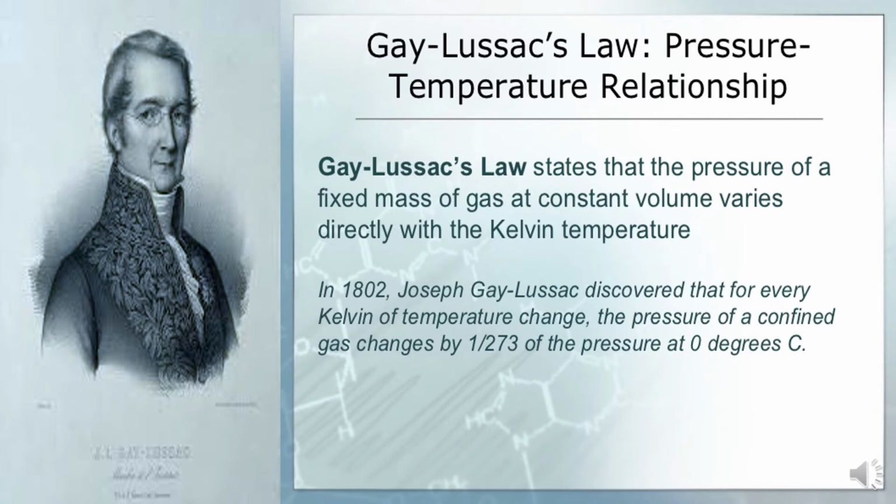That means if we increase the temperature of a gas, the pressure of the gas also increases. If we consider temperature in degrees Celsius, then this law can be defined as the pressure of a gas changes by 1 over 273 of the pressure at 0 degrees Celsius. But in Kelvin, it can be written as directly proportional to temperature.